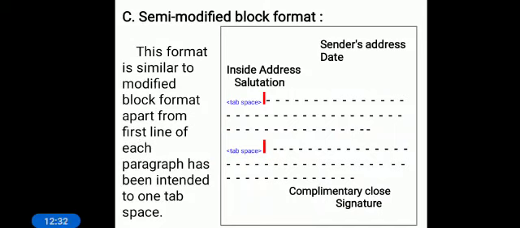Okay, so it is similar to modified block format except the first line, because you have to leave one tab space before starting each paragraph. Okay, so these all are about structure, elements and layout of business correspondence. Thank you.